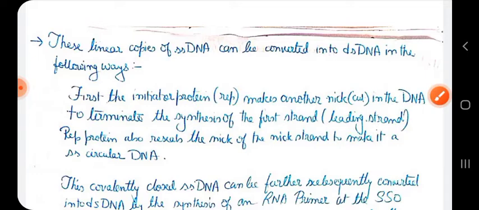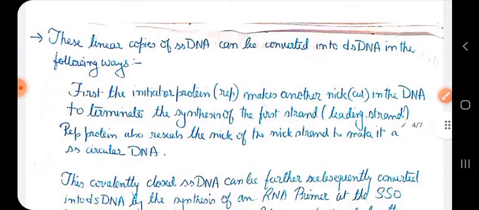So first, the initiator protein makes another nick in the DNA to terminate the synthesis of the first strand. So the first strand is again nicked in the leading strand. The initiator protein, called the Rep protein, also receives the nick of the nicked strand to make it a single stranded circular DNA.